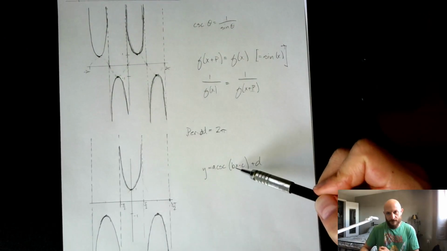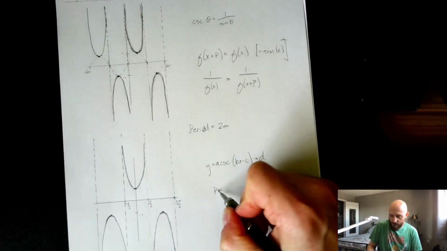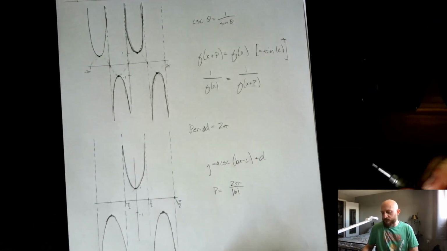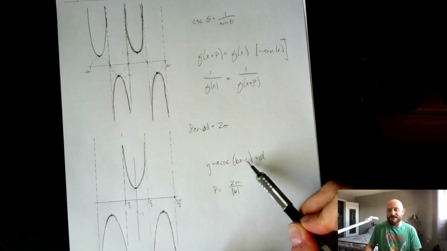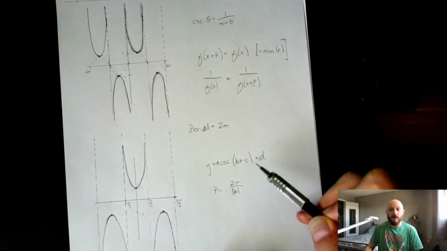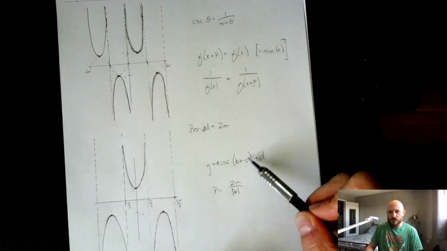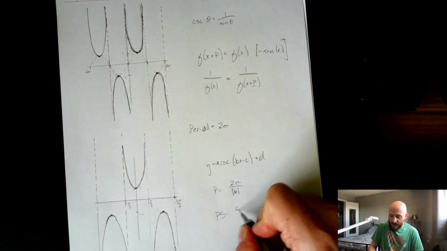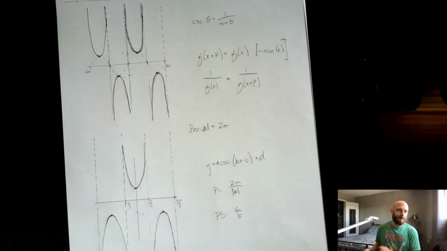B still affects the period in the exact same way. Period is equal to 2 pi over, technically, the absolute value of B. Same with C. C doesn't affect the period, but it still affects the phase shift. Phase shift is given by C over B. If C over B is positive, it's a phase shift to the right.